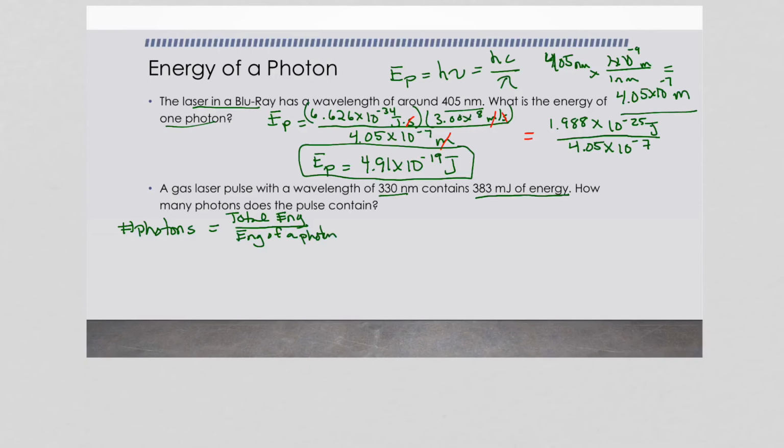If we take the total energy divided by the energy of a single photon, that's going to tell us the number of photons. So we need the total energy and we need the energy of a single photon.